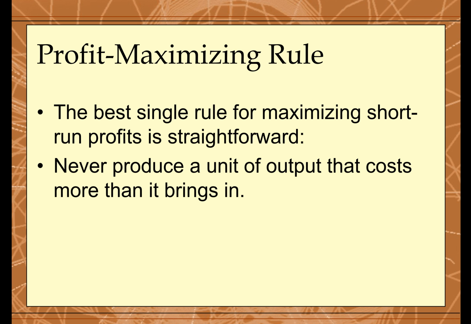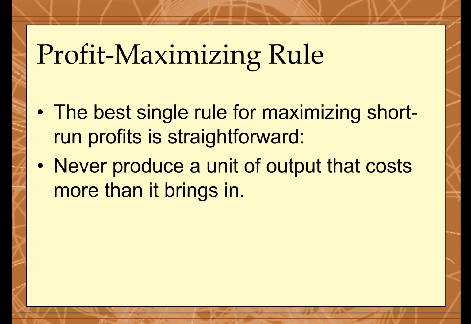In other words, every time you produce a unit of output, ask yourself, how much revenue did this last unit generate and how much cost did it generate? You keep increasing your rate of output as long as the revenue that last unit earned is more than its cost.